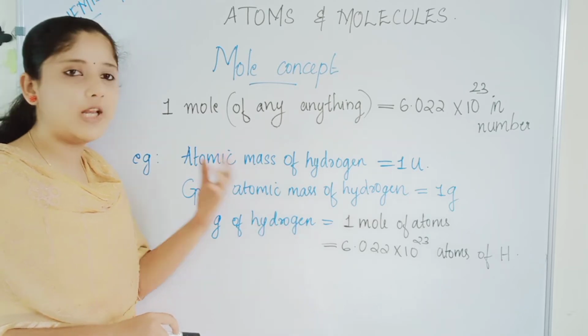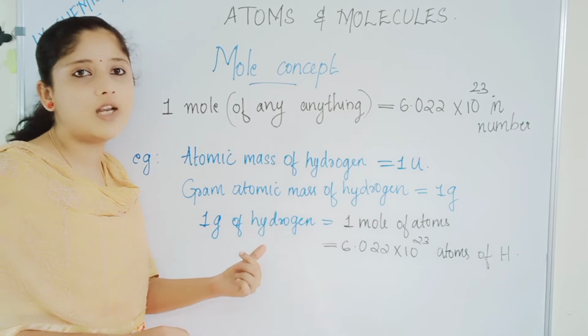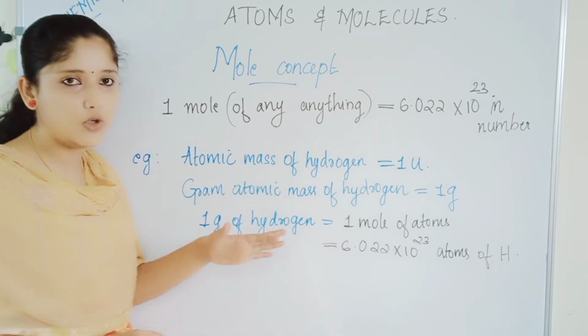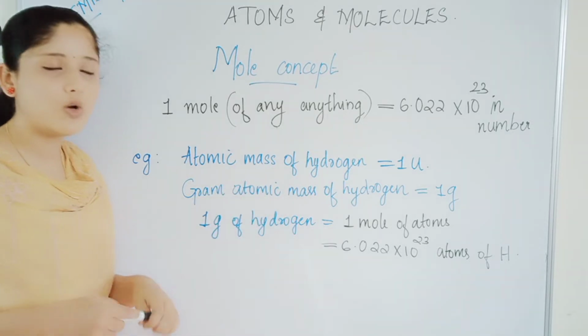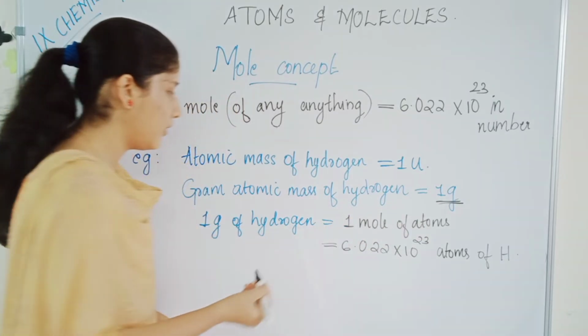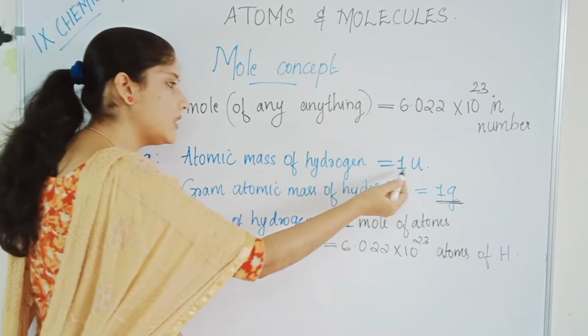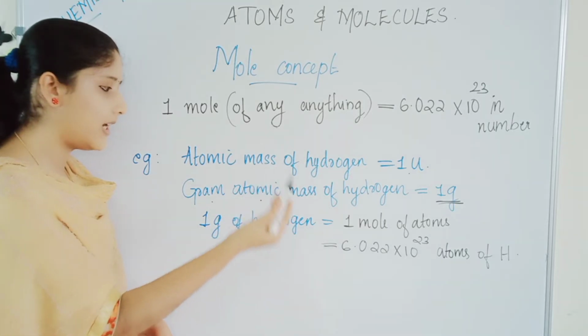For example, consider the atomic mass of hydrogen. We studied that the atomic mass of hydrogen is 1 U, the atomic mass unit. Gram atomic mass of hydrogen is how much? It will be 1 gram.